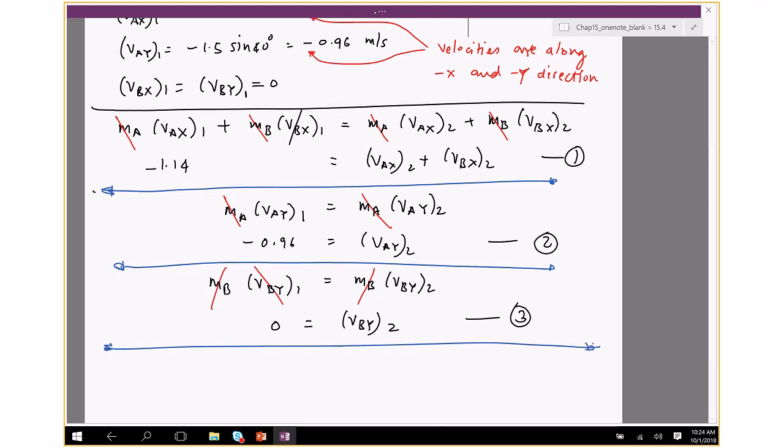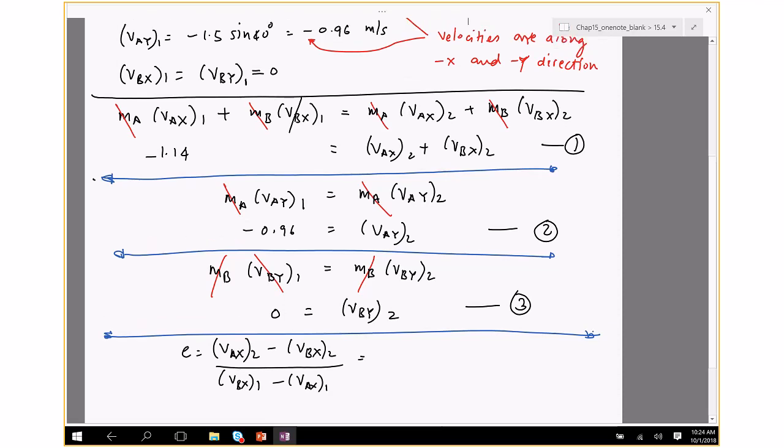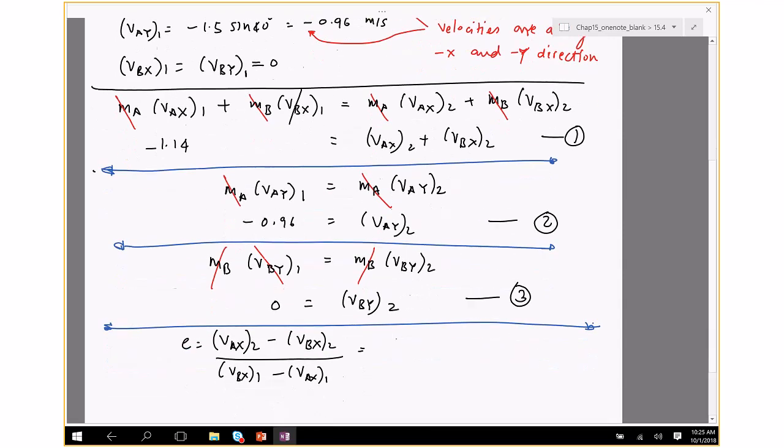Okay, finally, the coefficient of restitution equation: E equals VAX2 minus VBX2 divided by VBX1 minus VAX1. So velocity of A in the x direction is minus 1.14.